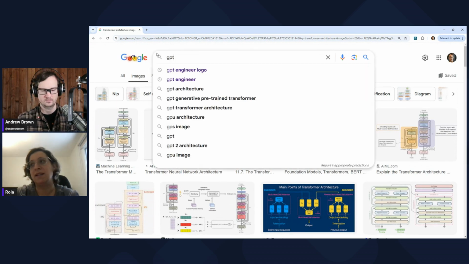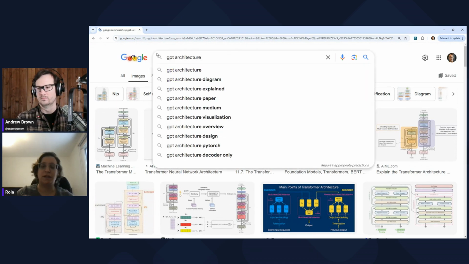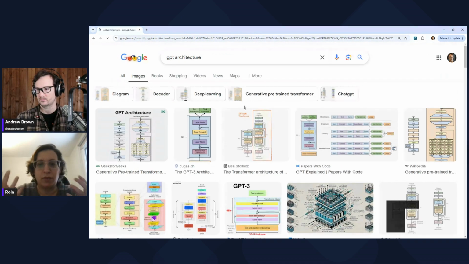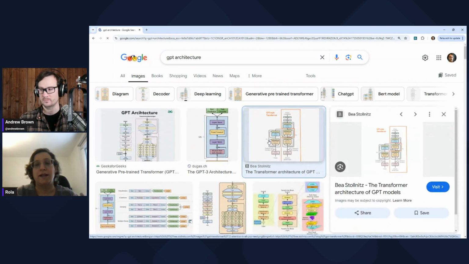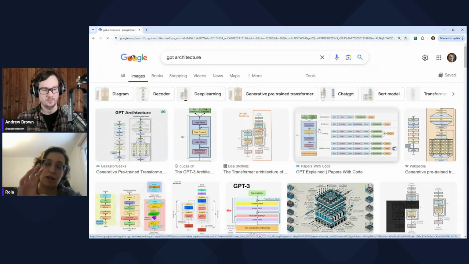What that means is you have to think of these things as what is the input and what is the output. An encoder only model takes in natural language, and then it comes out with a mathematical representation.